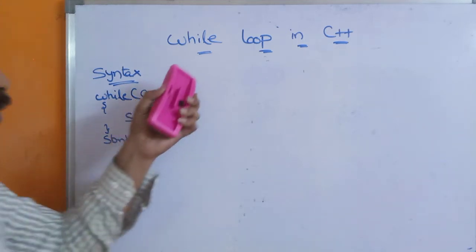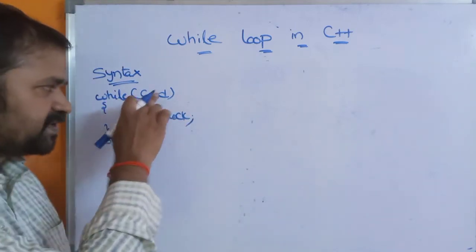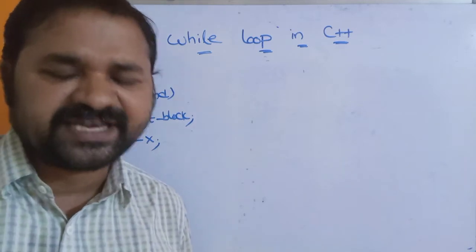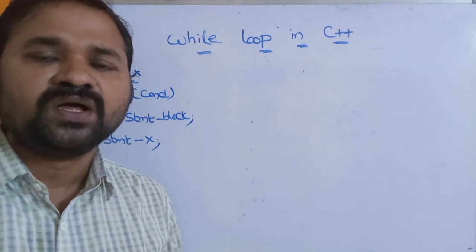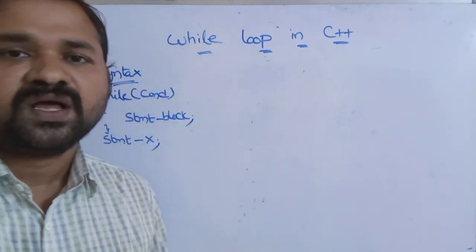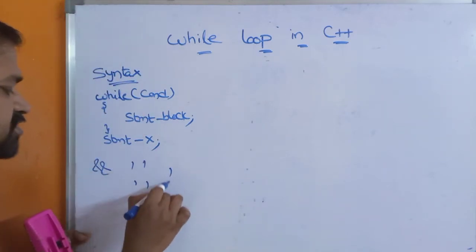Now let's see how the while loop will get executed. For conditions we use mainly relational operators and logical operators. Relational operators are greater than or equal to, less than or equal to, double equal to, not equal to. Whereas logical operators are logical and, logical or, logical not.